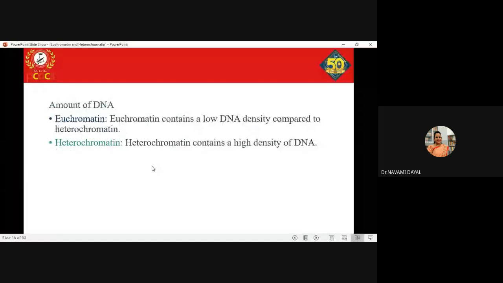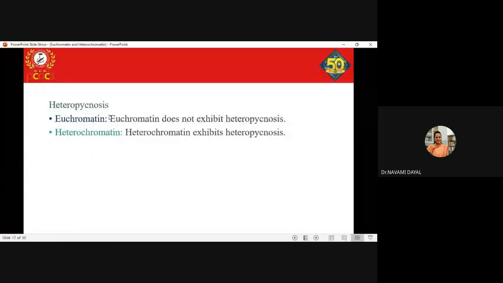The amount of DNA. Euchromatin contains a low DNA density as compared to heterochromatin, and heterochromatin contains a high DNA density. Heteropyknosis. What is heteropyknosis? Heteropyknosis is the ability to take up the stain.